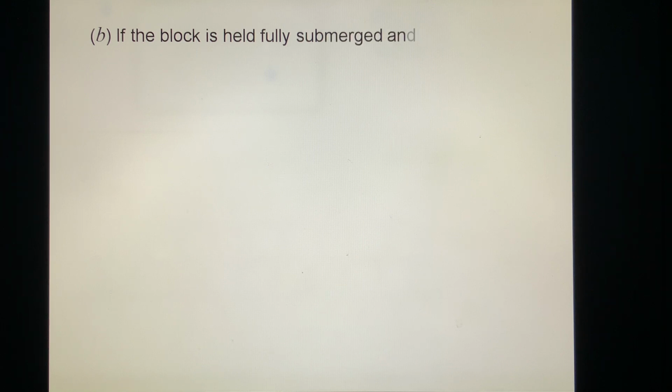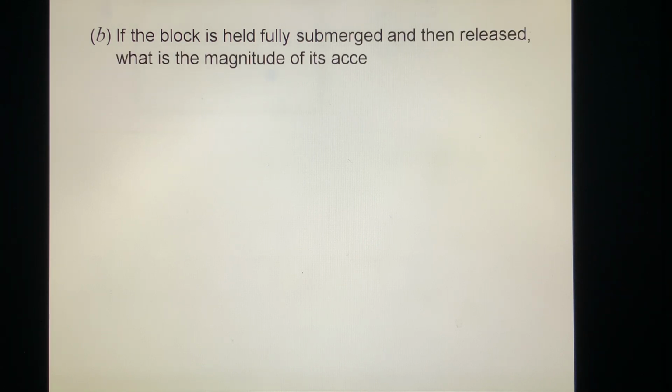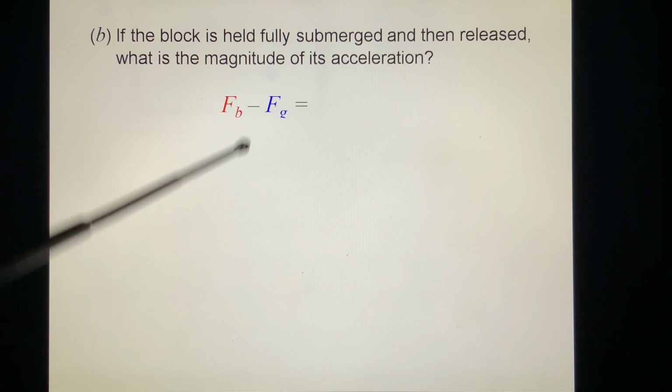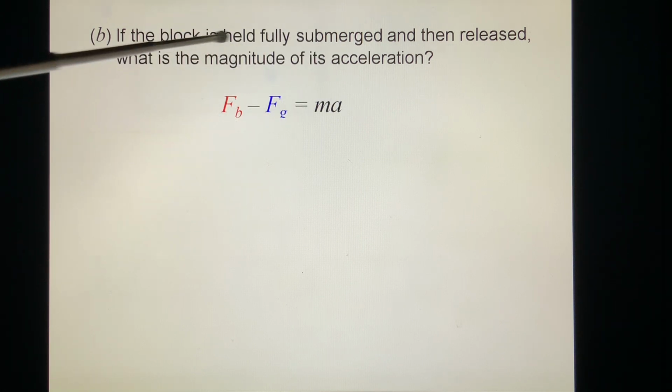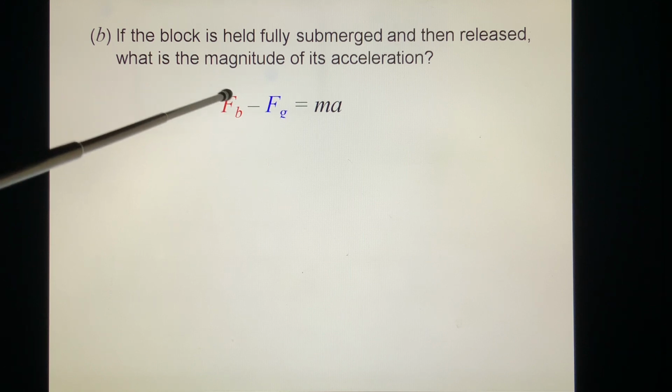Question B. If the block is held fully submerged and then released, what is the magnitude of its acceleration? Let's see the force. If it's submerged fully in the liquid, this force is different from the others.